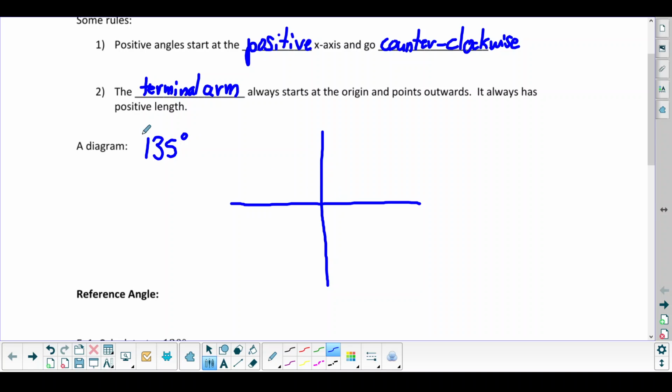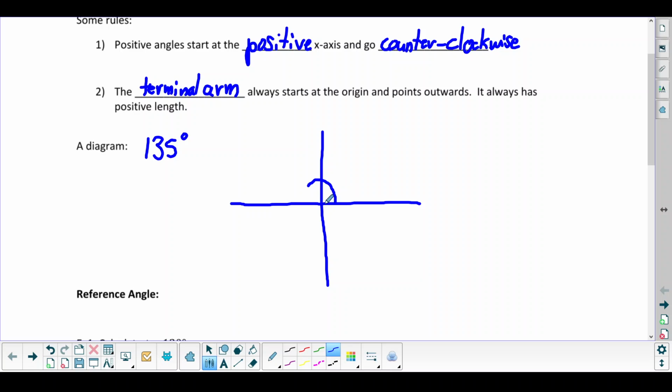We want to draw 135 degrees, so we'll start at the positive x-axis and go counterclockwise 135 degrees. Each axis is separated by 90 degrees, and from one side of the x-axis to the other side is 180. So 135 is between the 90 and the 180, so it's somewhere around here.